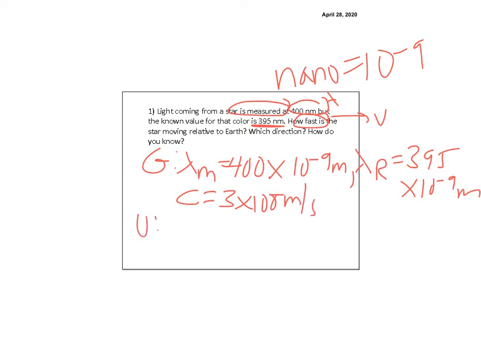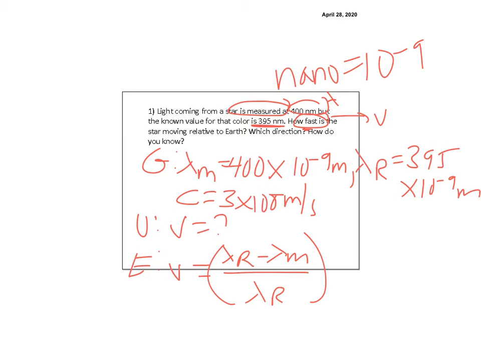And our unknown is how fast is it going, so that's V. And if I look on my paper, I can see that V is equal to lambda real minus lambda measured over lambda real times C, times the speed of light.